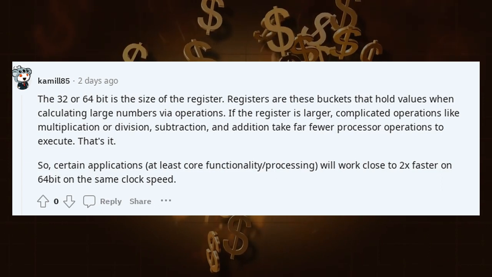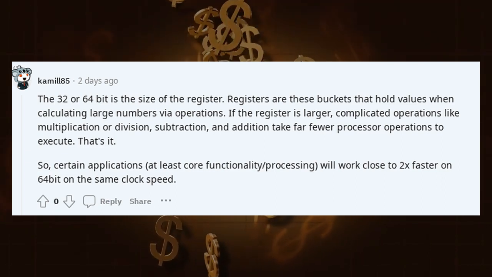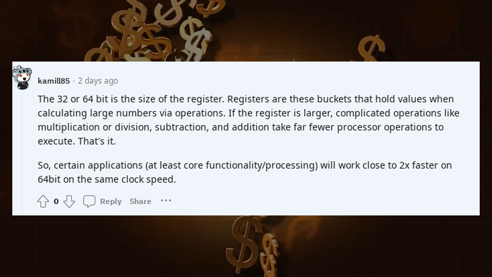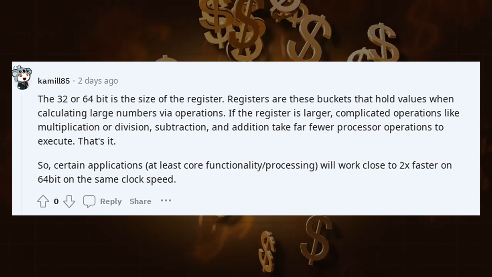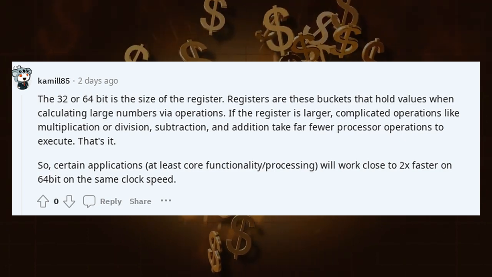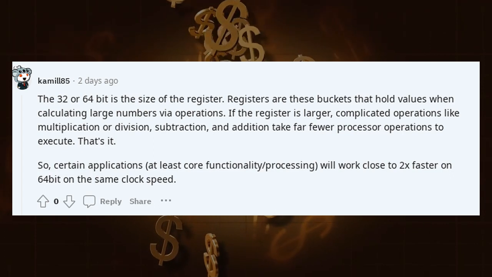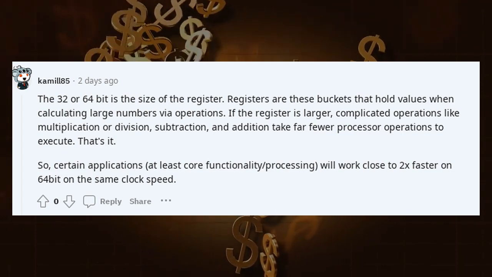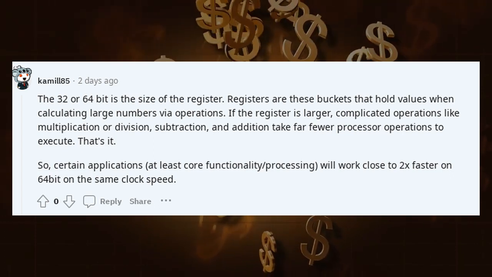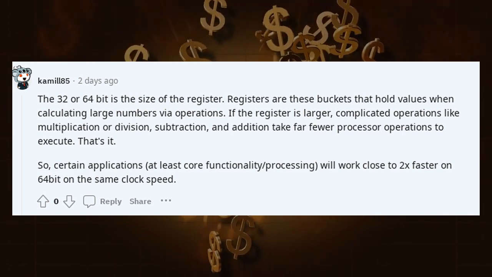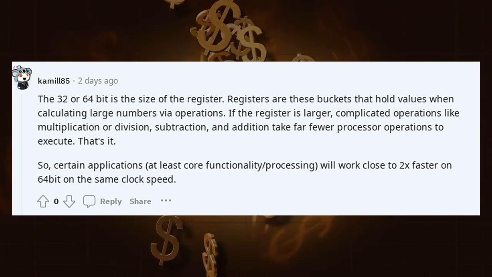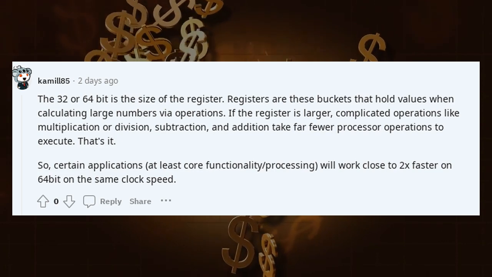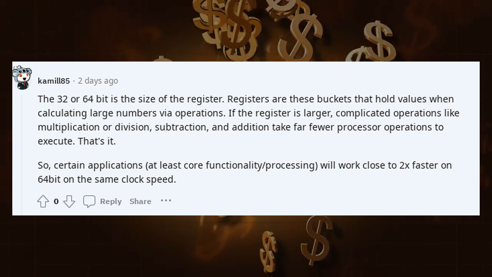The 32 or 64-bit is the size of the register. Registers are these buckets that hold values when calculating large numbers via operations. If the register is larger, complicated operations like multiplication or division, subtraction, and addition take far fewer processor operations to execute. That's it.